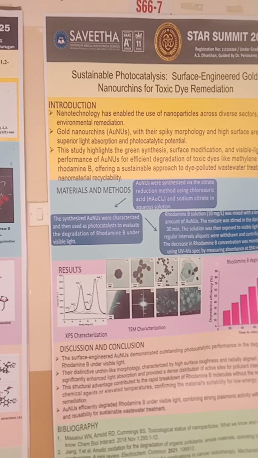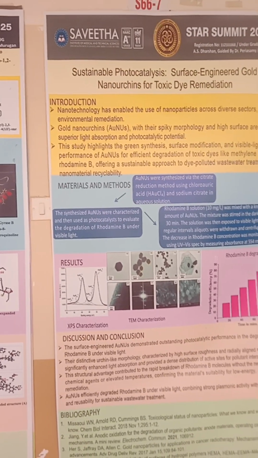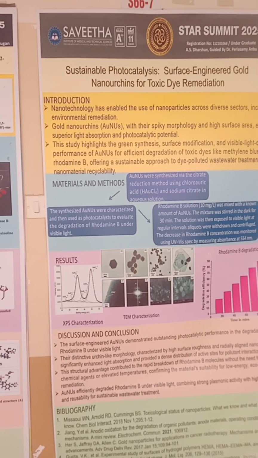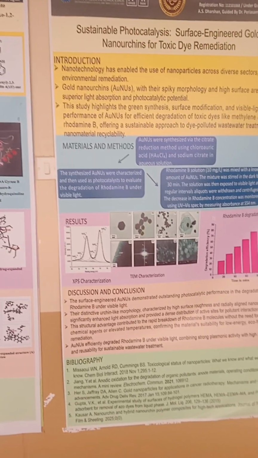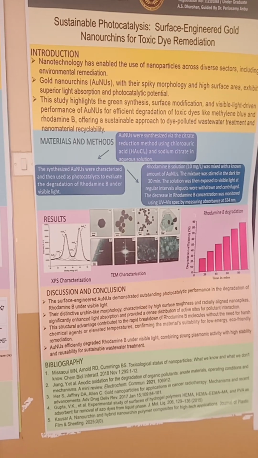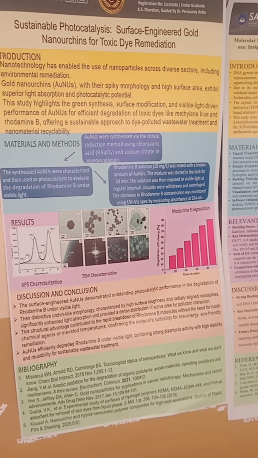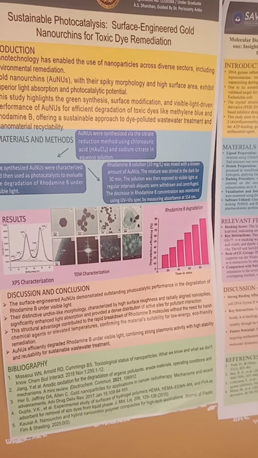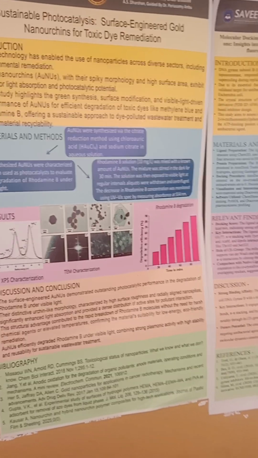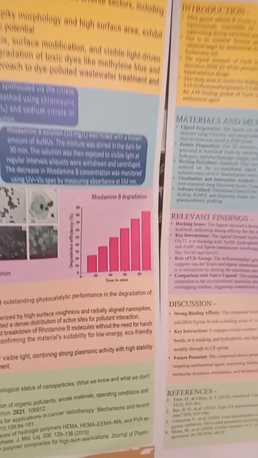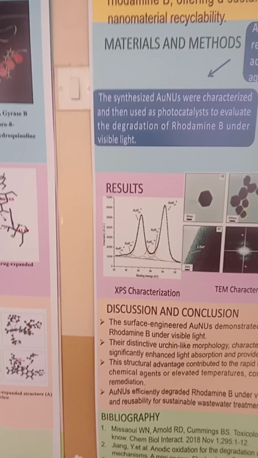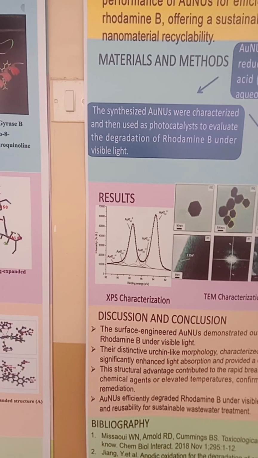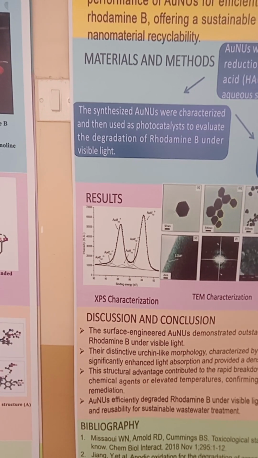Sustainable photocatalysis, surface engineered gold nano urchins for toxic dye remediation. Rhodamine B is the dye that has been used, and the degradation efficiency is shown in the histogram. And within 80 minutes, there is 100% degradation. XPS, X-ray photoelectron spectroscopy, is used to monitor the surface chemical species.